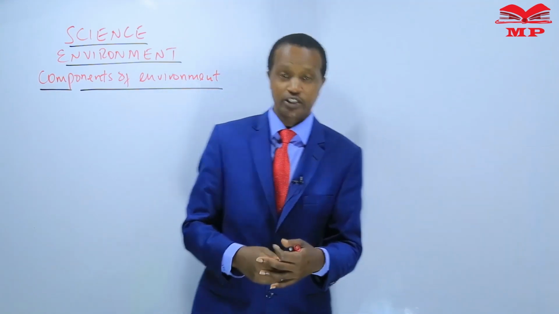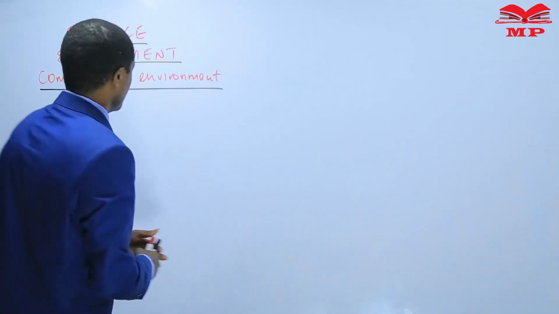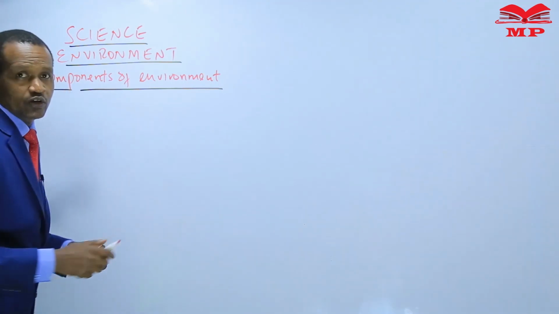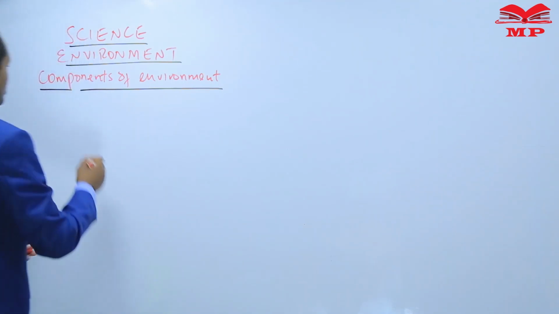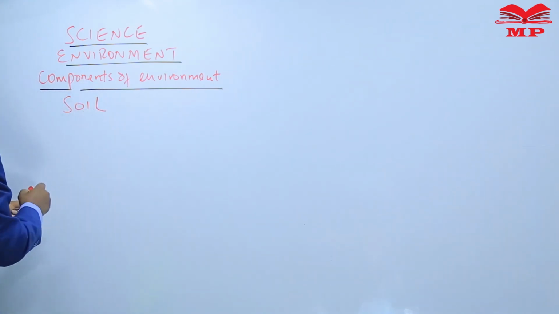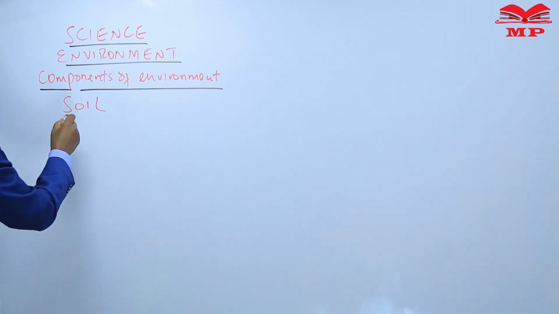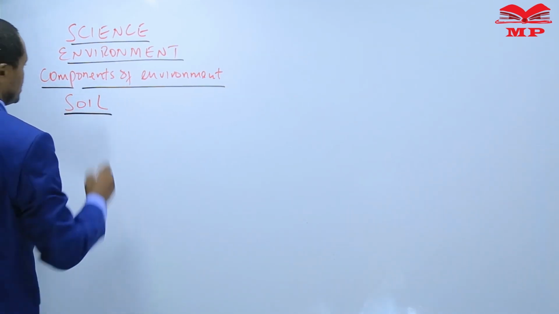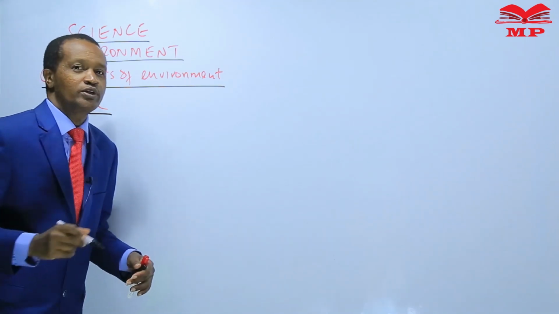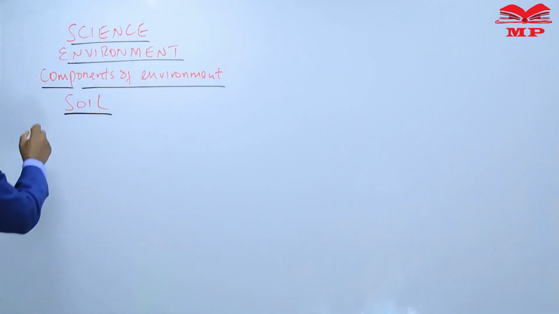Today we want to focus our attention on soil. Soil is another major component of the environment. So I want you to write down soil. Soil. Learners, soil is another major component of the environment.